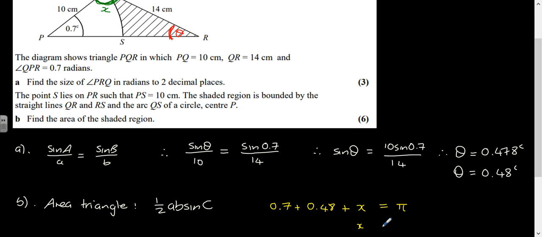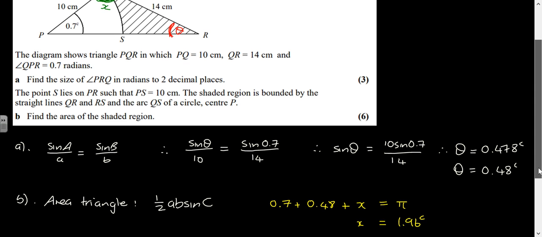So X is just pi minus those 2 numbers. We're literally just using pi in our calculator. So pi minus 0.7 minus 0.48 comes out as 1.96 to 3 sig figs. And that's our angle X.